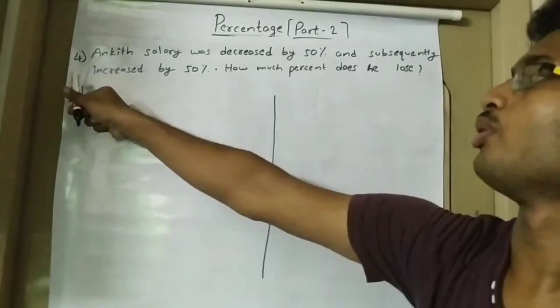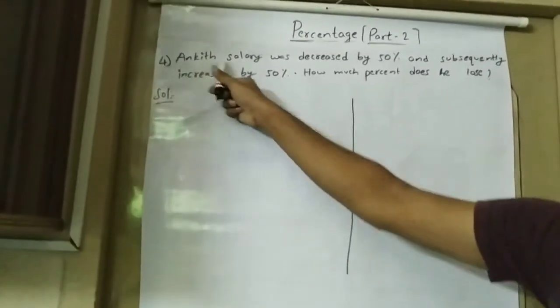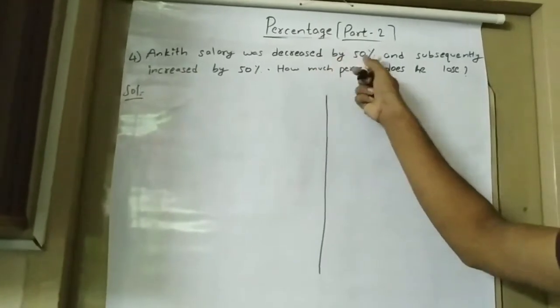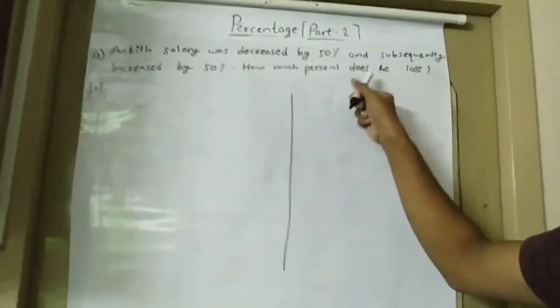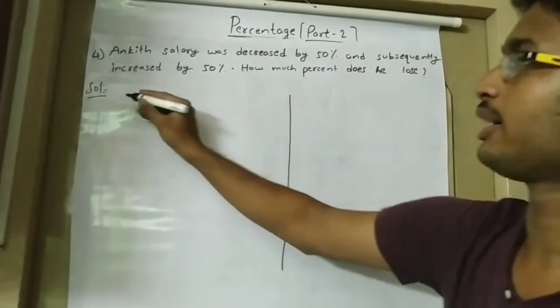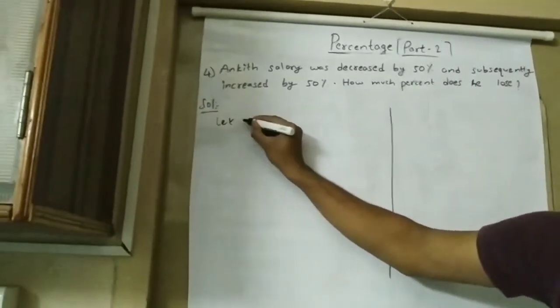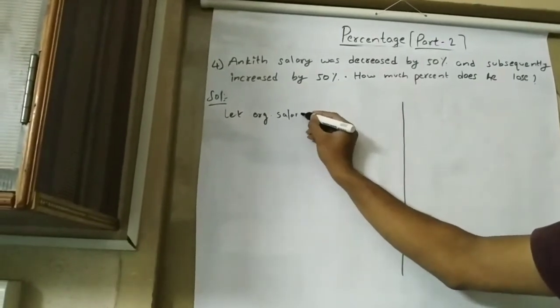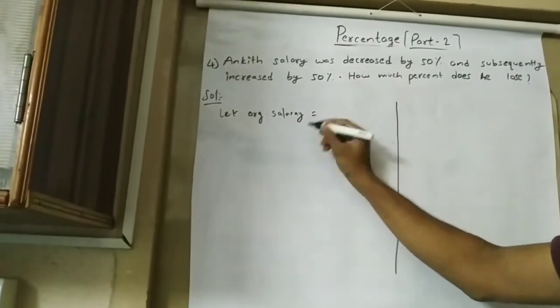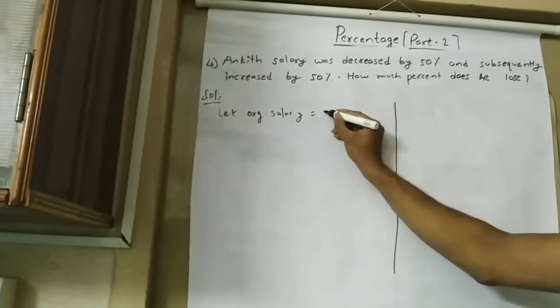Okay. So in this fourth question it is given that Ankit's salary was decreased by 50% and subsequently increased by 50%, and how much percent does he lose? Let the original salary of Ankit be 100 rupees.